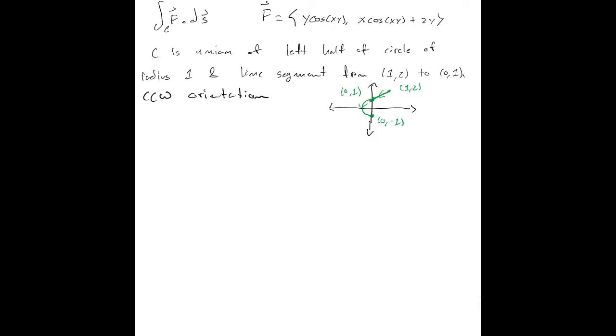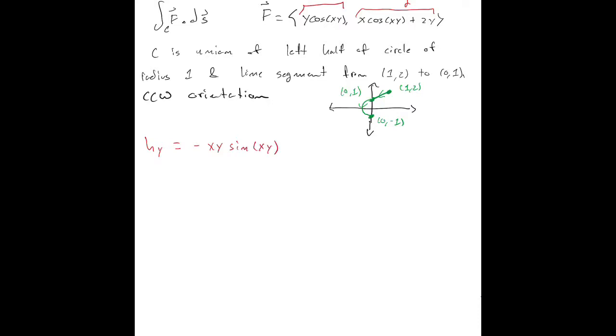Okay, so we want to use the fundamental theorem of line integrals. This would be the starting point, and this would be the ending point. Now we need to see, can we use the fundamental theorem of line integrals? So let's call this little h, and we'll call this function little g. The derivative of h with respect to y is equal to minus xy sine of xy.